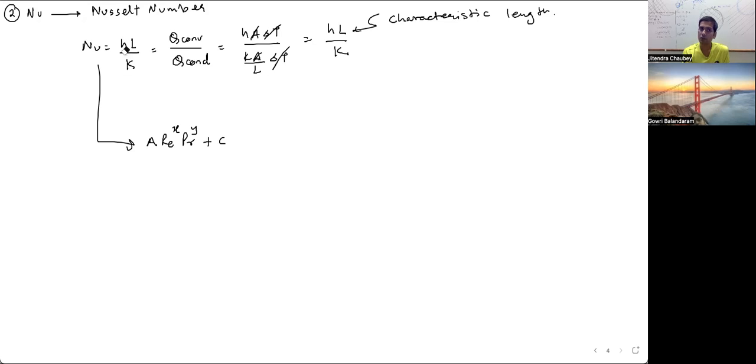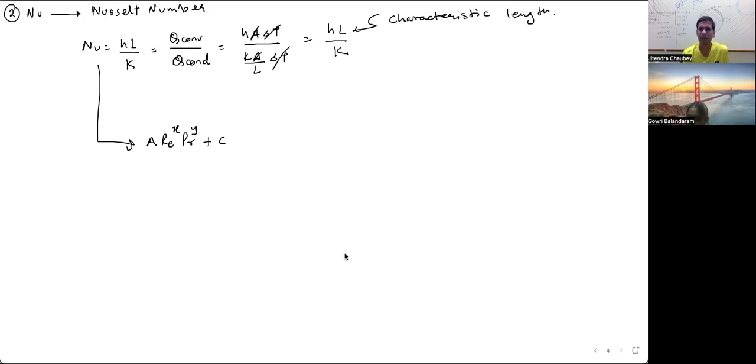Once we find the coefficient of convection, the convection heat transfer can be found. First of all, we need to know all the numbers. With those numbers, we will find the Nusselt number. With the Nusselt number, we will find the coefficient of convection, and with the coefficient of convection, we can find the convective heat transfer.